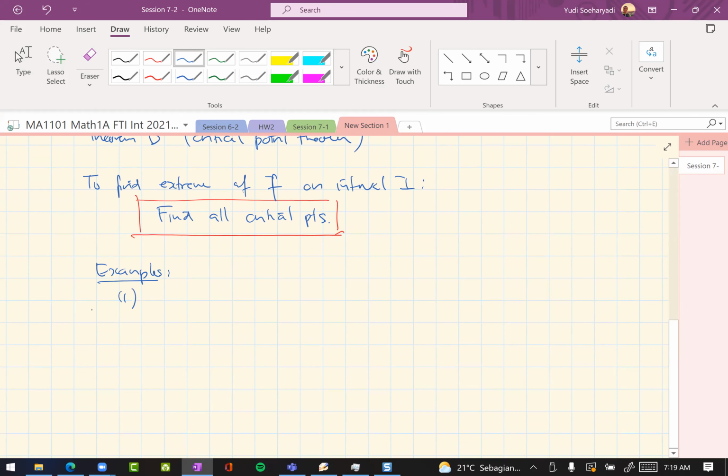Okay, first let's compute the derivative. The derivative is (2/3) x^(-1/3). So this is something that you can write as 2 over 3 times the cube root of x. So it's not defined at 0.